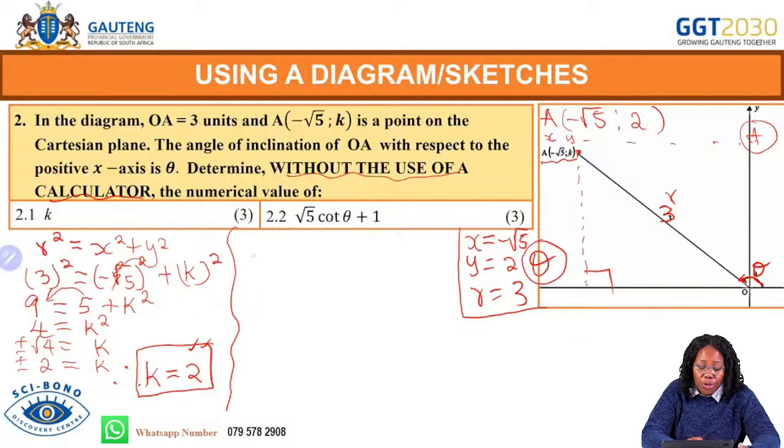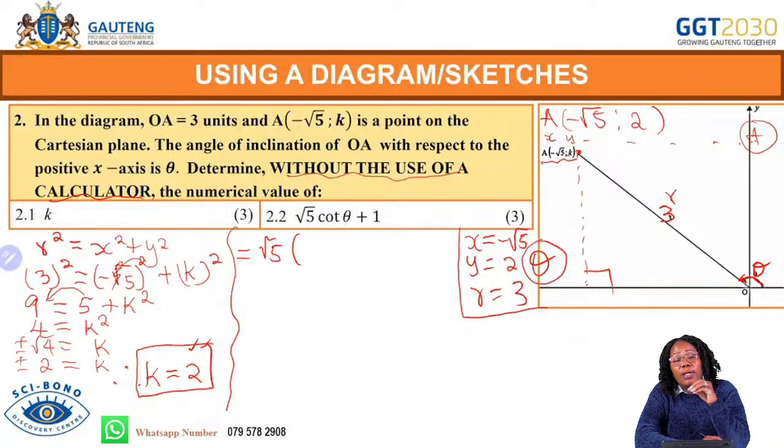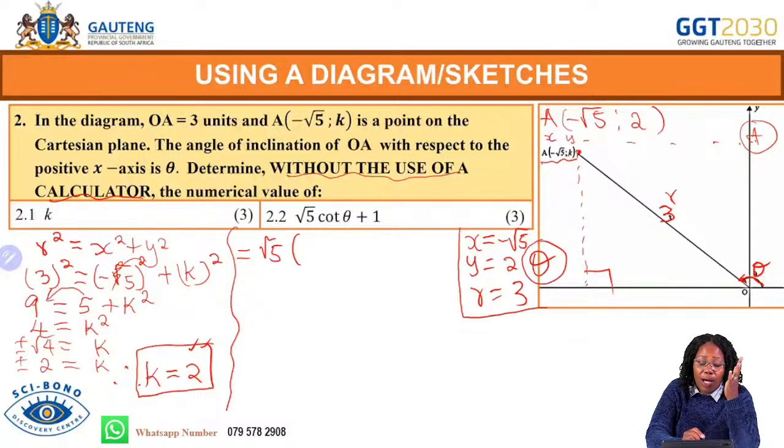With the 2.2, we are given the square root of 5 cot theta plus 1. So now we have the square root of 5. What is cot? Remember, a cot is a reciprocal of a tangent. And remember, SOHCAHTOA, a tangent is y over x. So its reciprocal will be a what? An x over y.